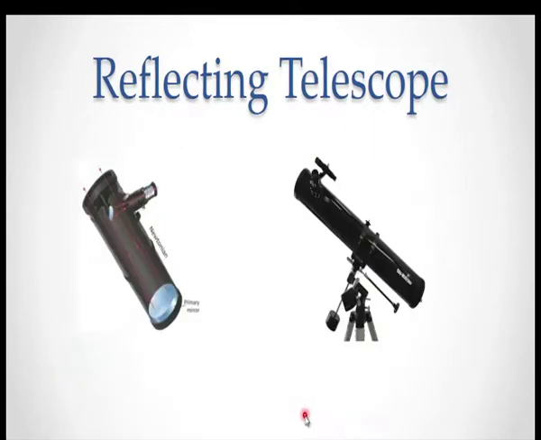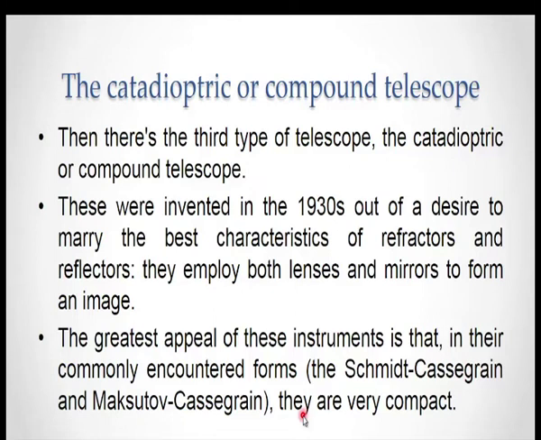This is the image of a reflecting telescope. The third type of telescope is the catadioptric or compound telescope, or Cassegrain telescope. This is a mixture, or hybrid, of a refracting and reflecting telescope.